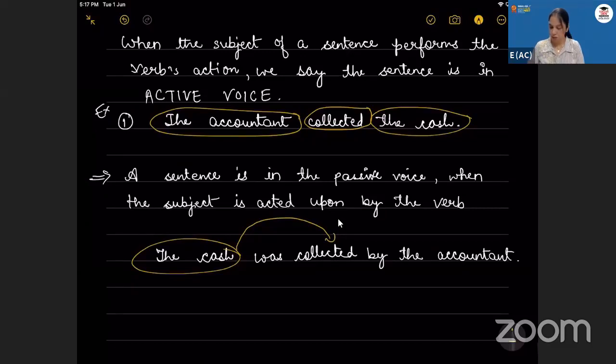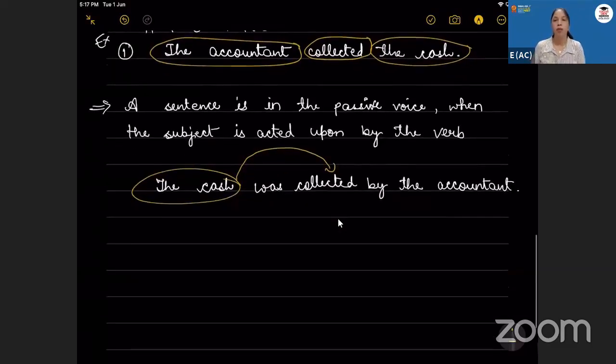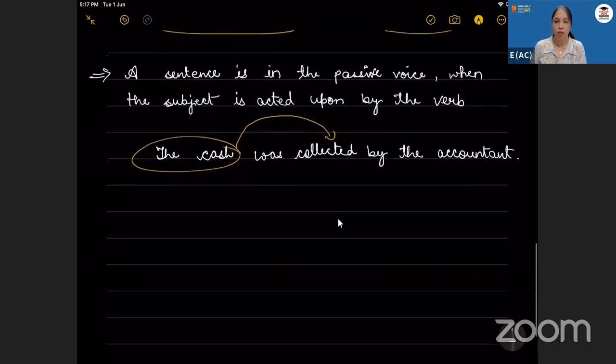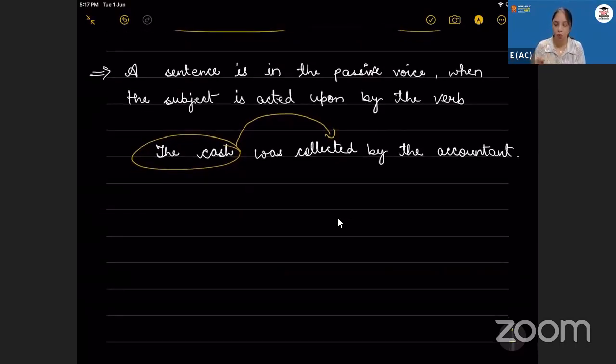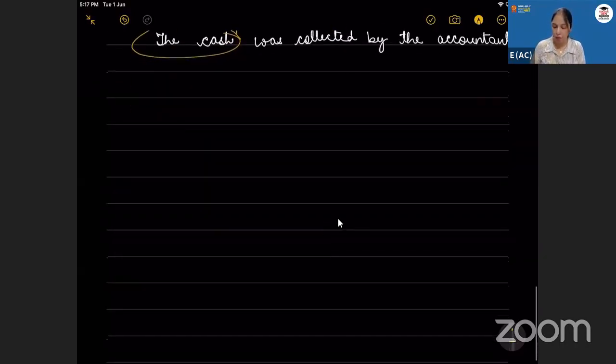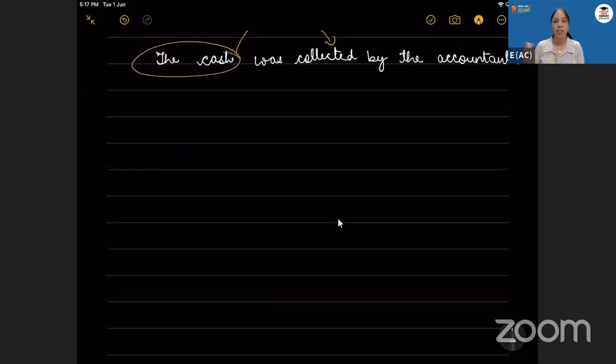Okay, now we are moving towards the rules. There are 6 rules to learn how to convert active sentences into passive voice. So rule number 1. What is rule number 1?